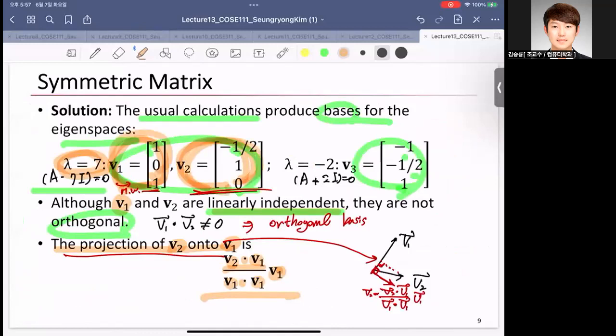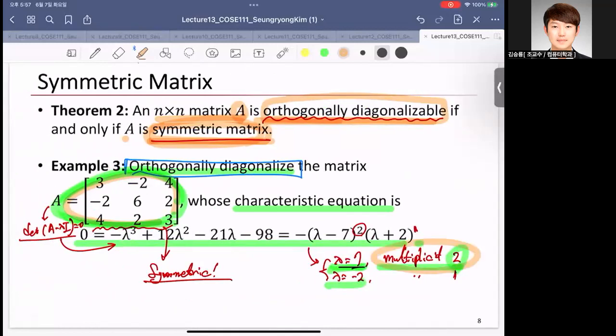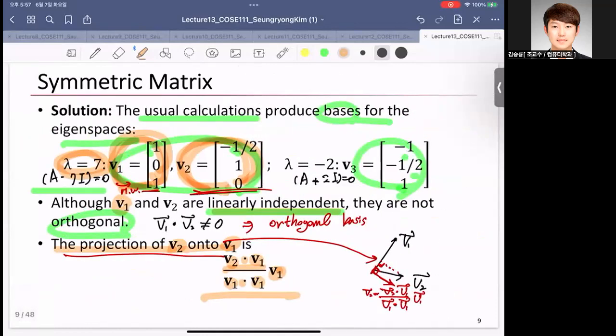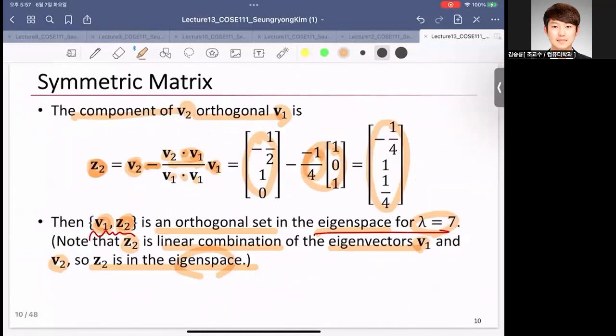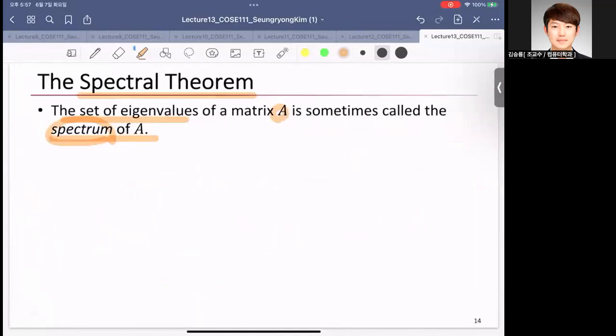There are two vectors as a basis. Why? Because the multiplicity was 2. For lambda equals -2, multiplicity was 1. So the dimension of this one is just 1. So there's only a single vector. In other words, the dimension of the eigenspace equals the multiplicity of lambda.